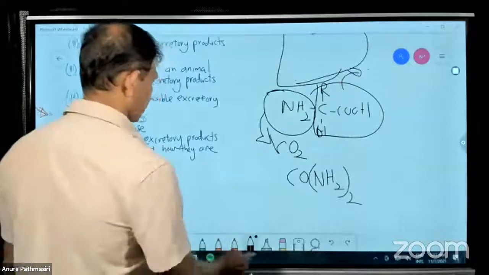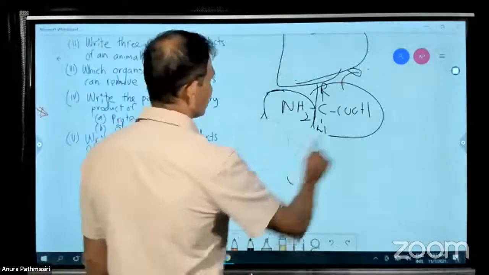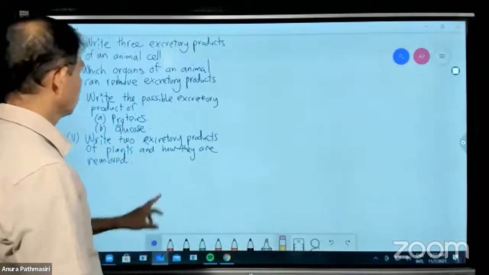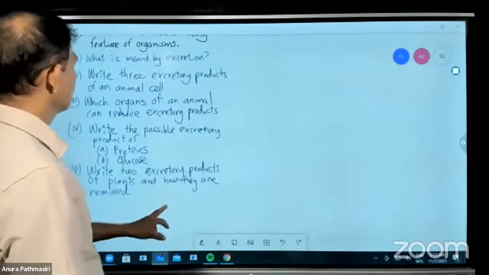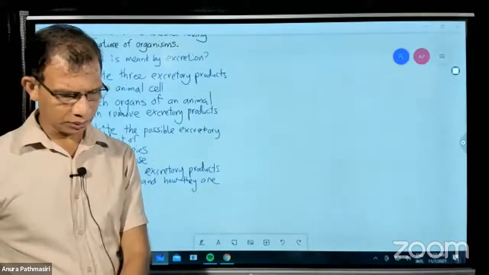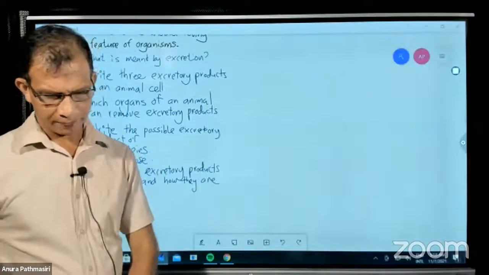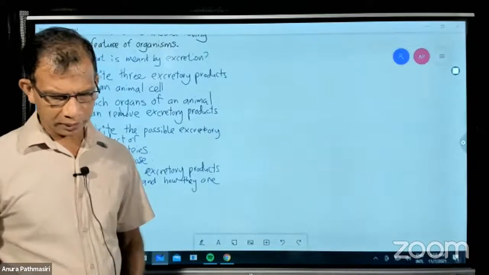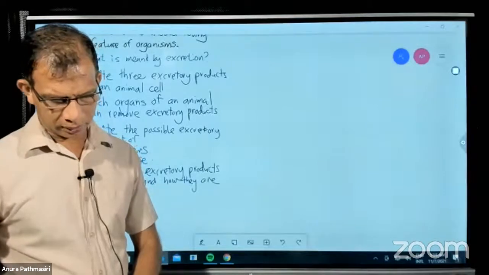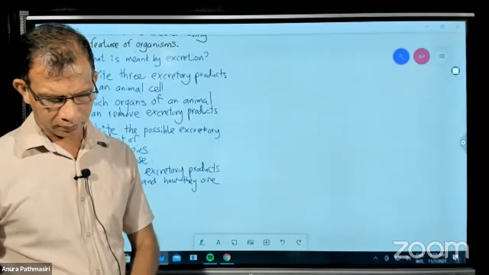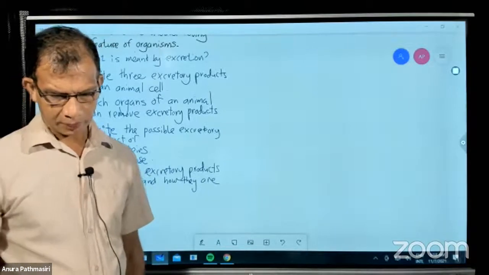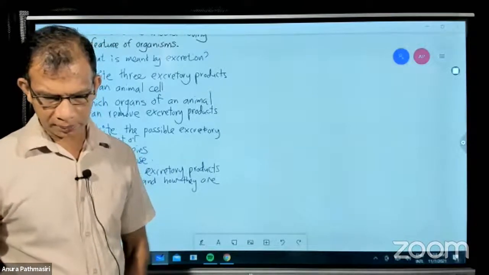So what is excretion? Removal of material waste or byproducts from the body that are produced during metabolism.